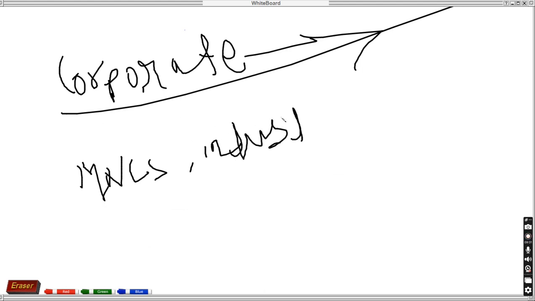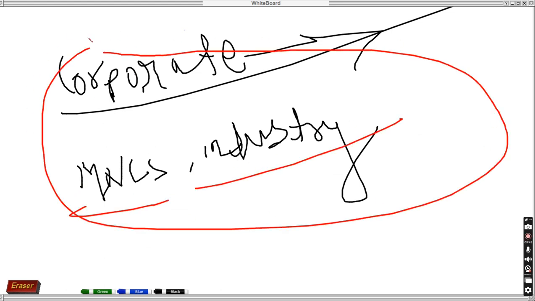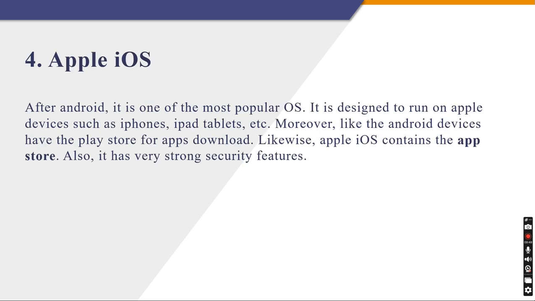Sorry for my titles. MNCs and industries. Corporate is a big deal in your life, your general things. Okay, BlackBerry OS. And let's see more, next slides.